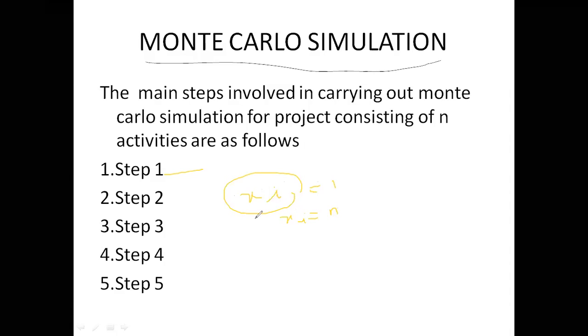Step 2: generate a set of random inputs. Here for i equal to 1 we have to calculate x1, next x2, and so on, using the specified probability distribution. For each i, what is the random input, using the specified probability distribution.